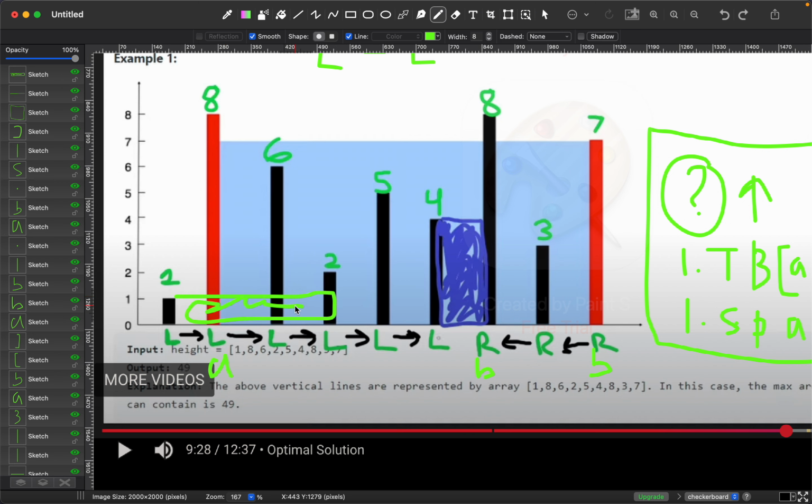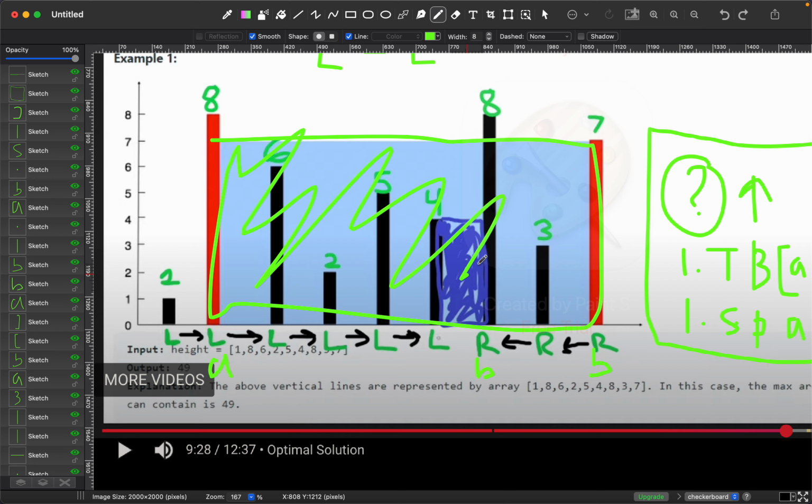Eventually it reaches until here, and the area is still very small, and then when they suddenly start off with here, they see that, oh, this area is pretty big, it's 49, and I think we do find our solution here.